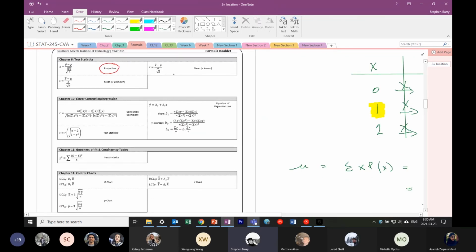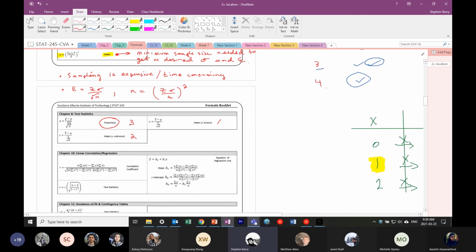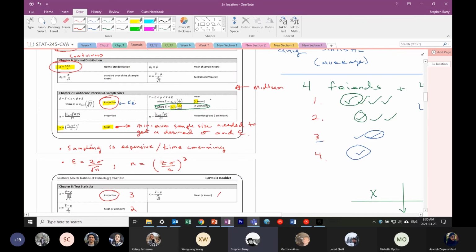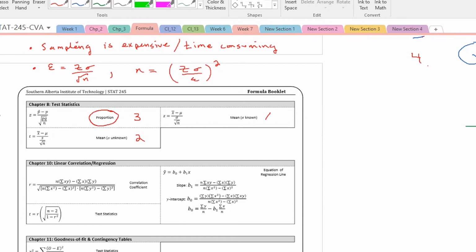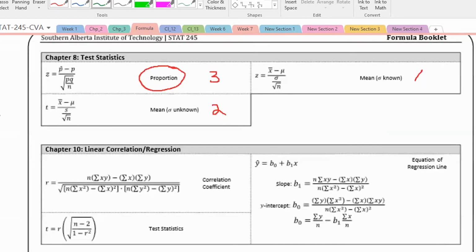Again, there's really just three types of problems. Do you know your standard deviation with a mean? Do you not? Do you know your proportions? These are the same equations as this, this, and this. People that are not paying attention always make this mistake. You've got to be careful.